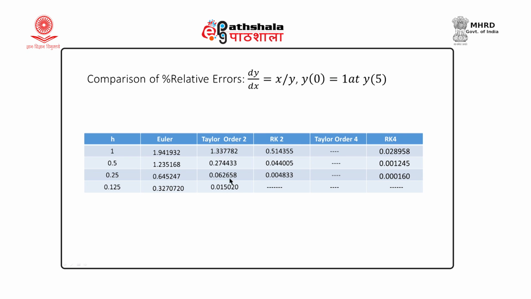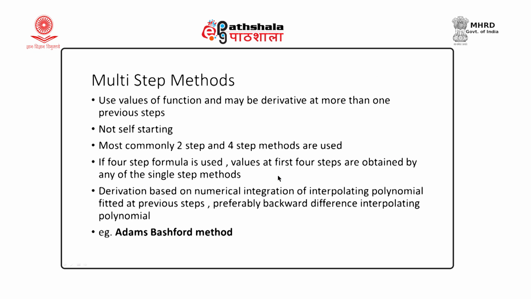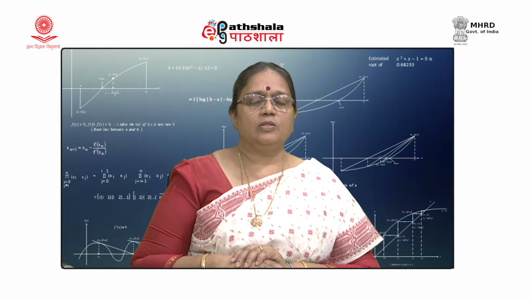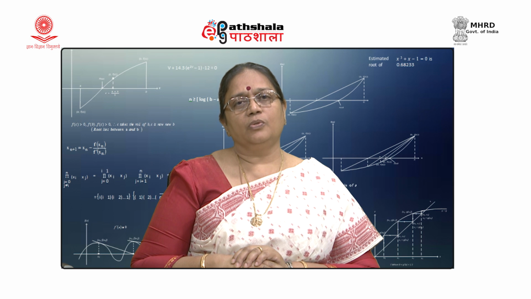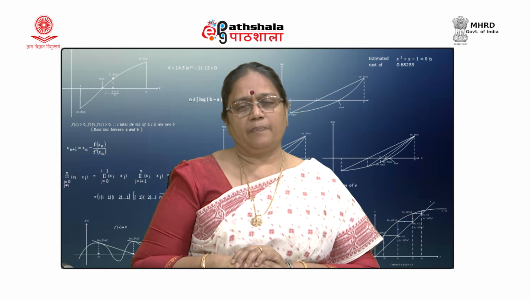Taylor order 2 is expected to perform much better than Euler, because Euler is Taylor of order 1, but RK2 is performing better than Taylor order 2 and is convenient to apply, and RK4 is of course 4th order, so definitely expected to perform better than these formulas. So, with this our single step formulas are done. In the same way, one can have Runge-Kutta formulas of order more than 4 also. Now let us move to multi-step formulas.